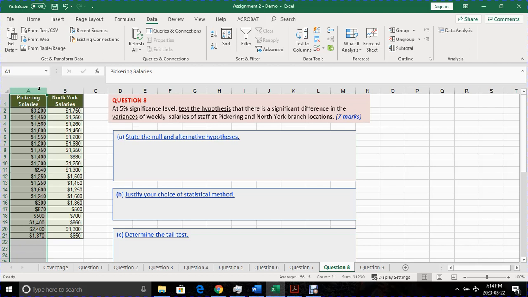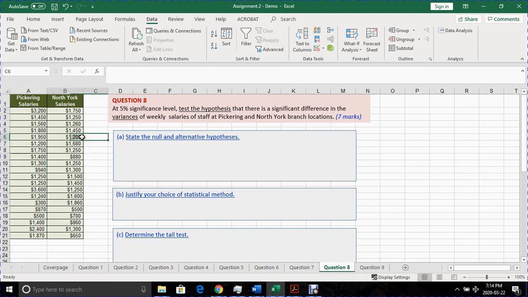So we're going to take a look at how we test to find out if 2 populations have equal variance or unequal variance. That means whether the variation between the 2 variances is significant or not.